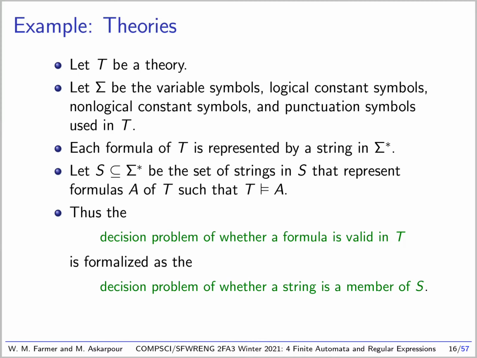We say that every formula in T could be considered as a string made of symbols defined in sigma, and S is the set of all the strings that represent valid formulae in T. Now, a formula is valid in T only if its corresponding string is a member of S. This was only an example. There are many other problems that could be resolved by finite automata once we reduce them to a decision problem over strings. And that is why finite automata is the underlying basis of modern computers.